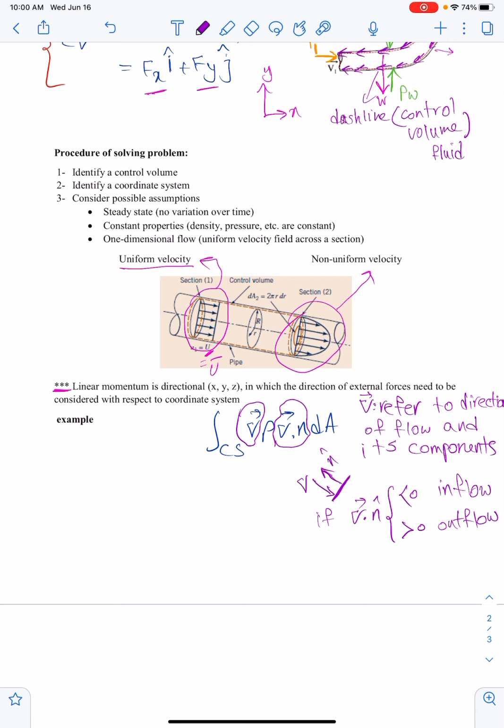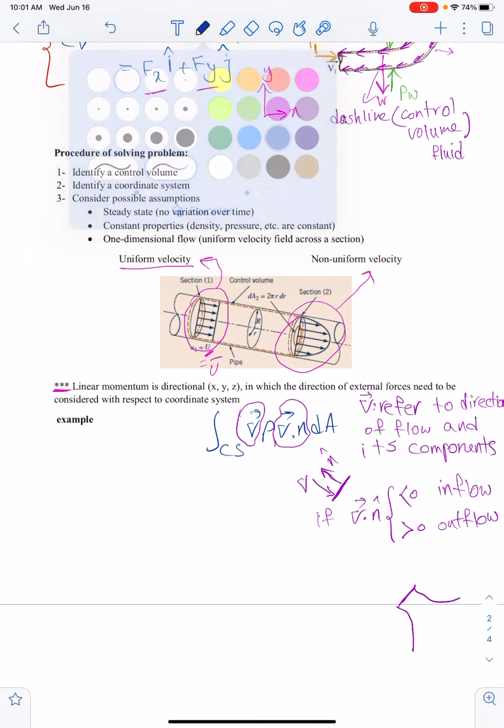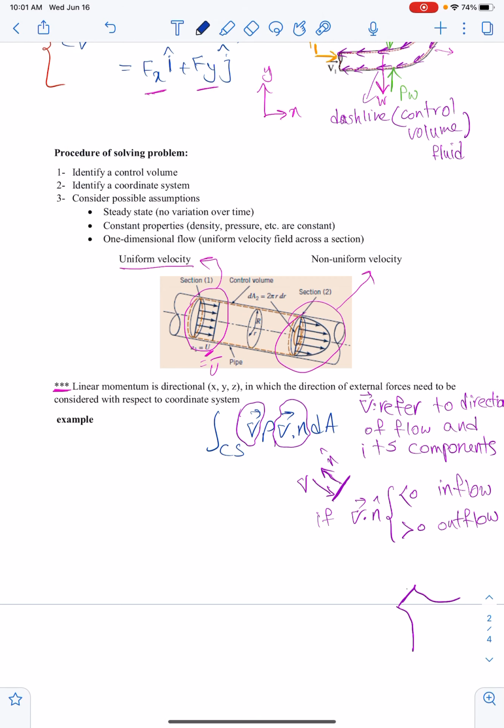And for talking about one-dimensional flow, let's see, we have some pipe like that, and I have a velocity right here, and also I have the normal right here, and this is our theta.